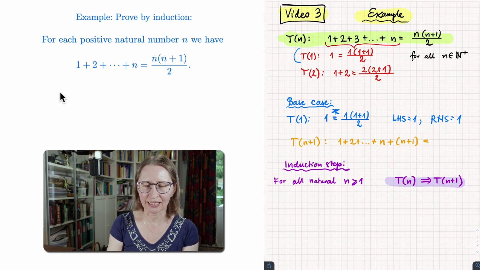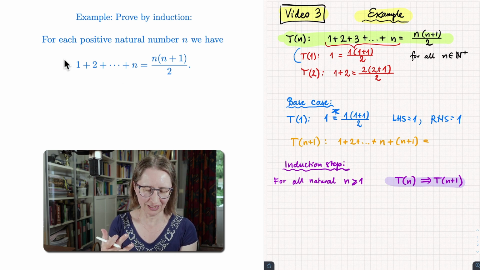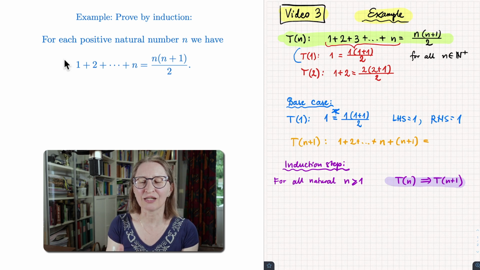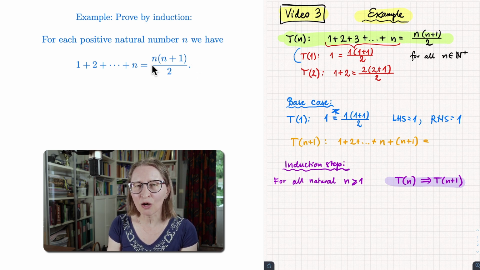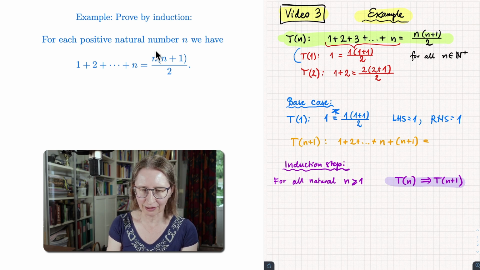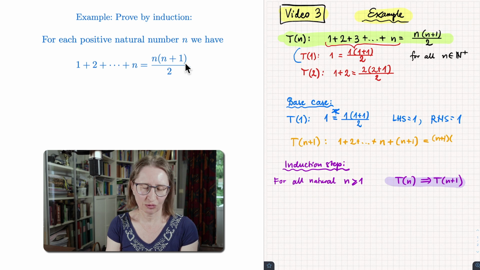This is the left-hand side of the expression which is defining our T(n plus 1). And the right-hand side, I now have to plug in n plus 1 instead of n in this expression. So what will I get? First n plus 1, and then n plus 1 plus 1, which is simply n plus 2.